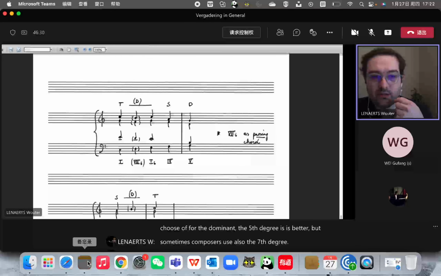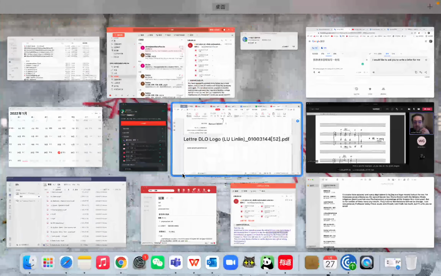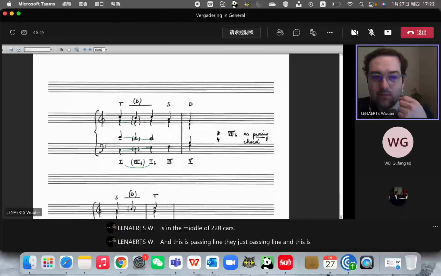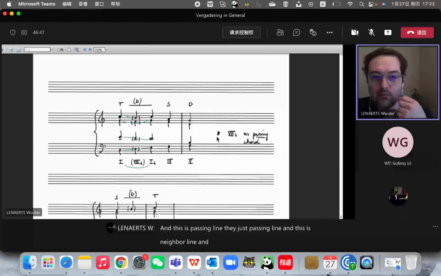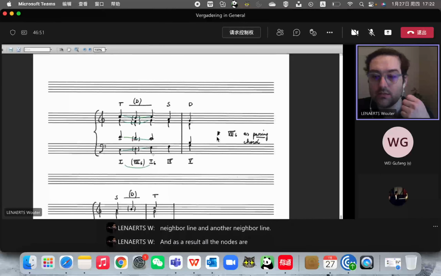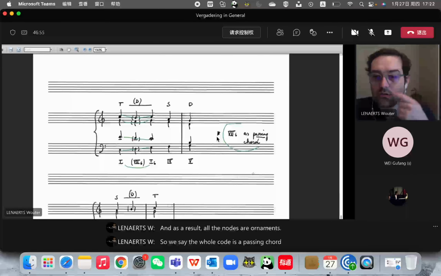Here's another example. Do you see the 7th degree is in the middle of two tonicas? And this is passing line, this is passing line, and this is neighbor line, and another neighbor line. And as a result, all the notes are ornaments. So we say the whole chord is a passing chord.